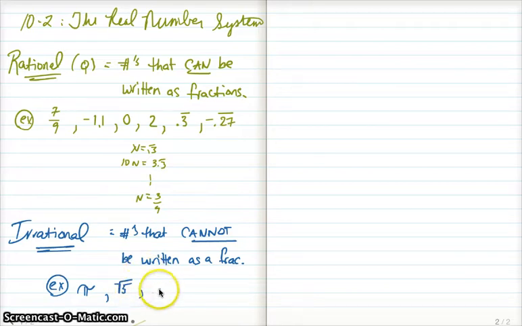You can even make up a decimal, 0.042225... It has to go on forever and not repeat. Okay, so those are irrational numbers.